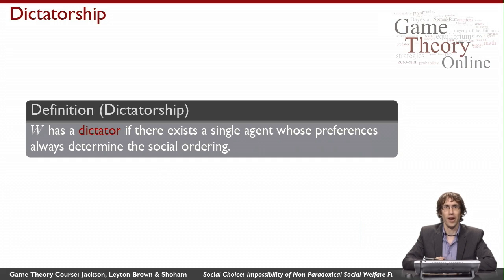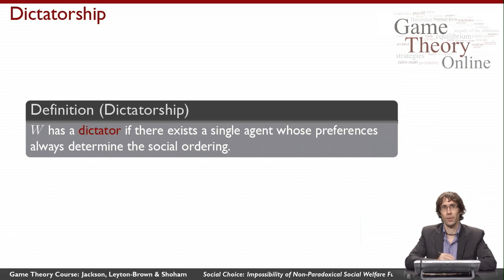Now, it's kind of terrible for a social welfare function to have a dictator because it means that it's not aggregating in any meaningful way. It's just always reporting back what one person thinks. Notice that a social welfare function that does have a dictator trivially satisfies independence of irrelevant alternatives and Pareto efficiency, because Pareto efficiency says anytime everybody agrees, the social welfare function has to do the right thing. And when everybody agrees, in particular, the dictator also agreed.